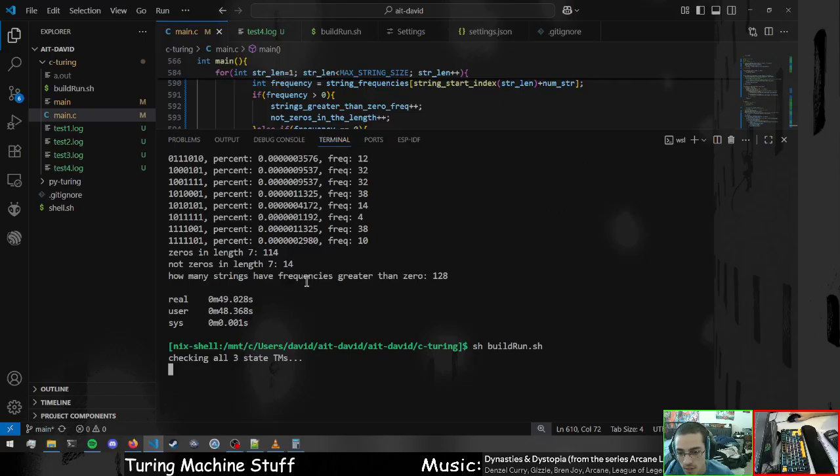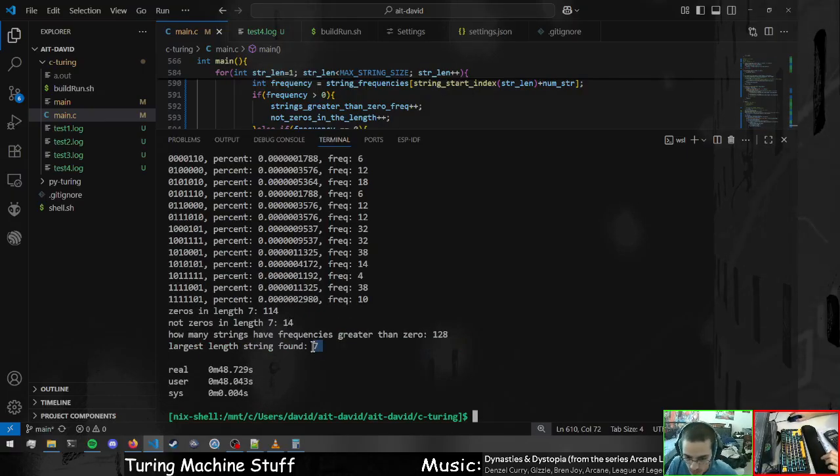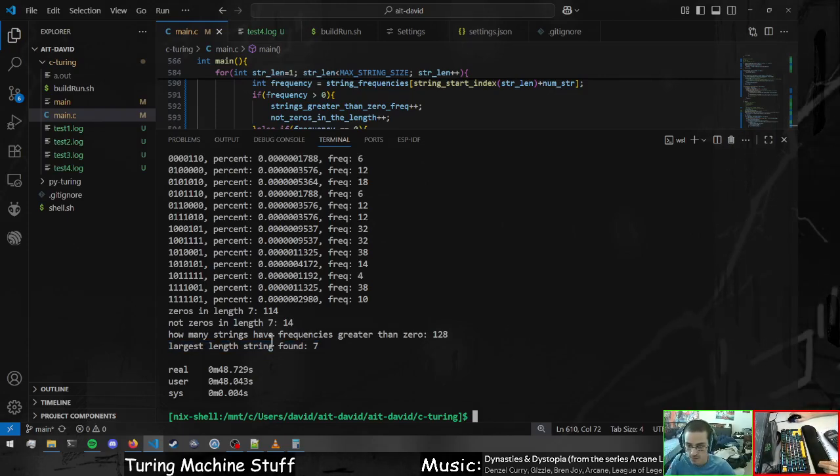And then I'm just gonna call it there, or play ratio. I'll see what happens. Let's see here. Alright. Yeah, we found 7 of them. That's good. Largest string found.